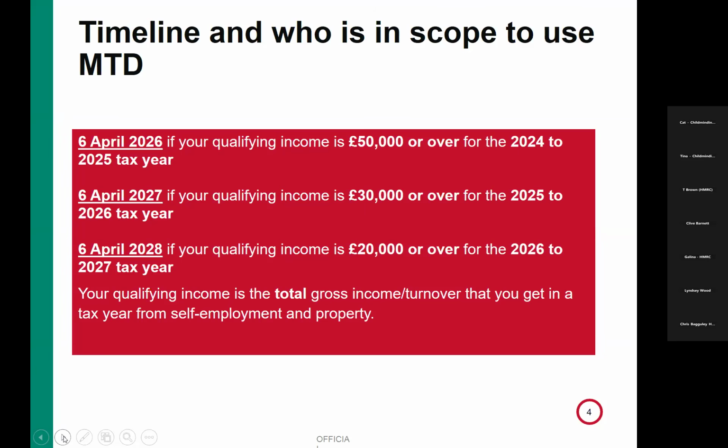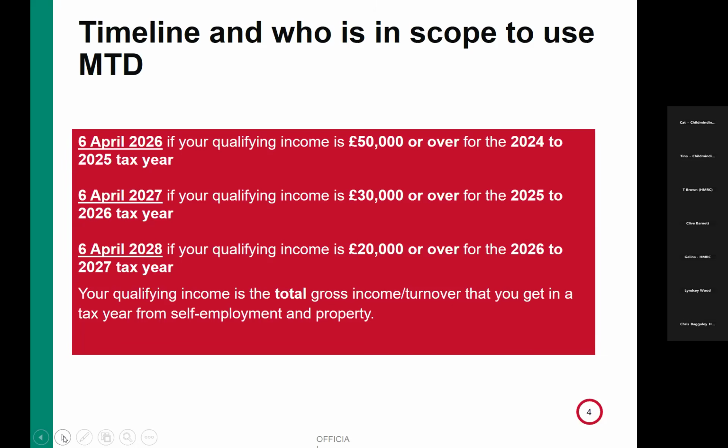Similarly then, as reflects a phased approach to introducing this, from 6th of April 27, the same applies for those with income of £30,000 or over from the preceding tax year. Again, they will have to do all the things that we set out on the screen just now.